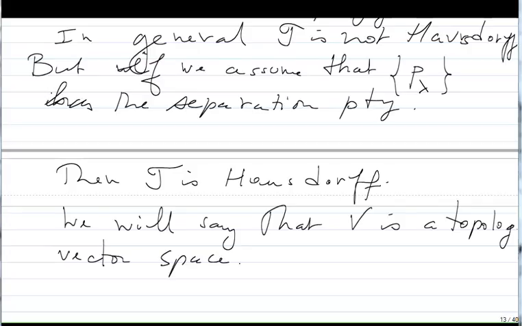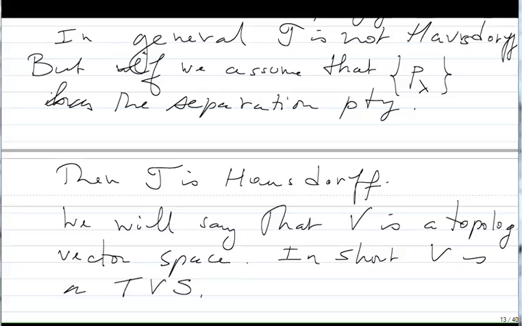In short, V is a TVS, a topological vector space. So you see, what's interesting here is the fact that a norm defines a natural topology from the distance.